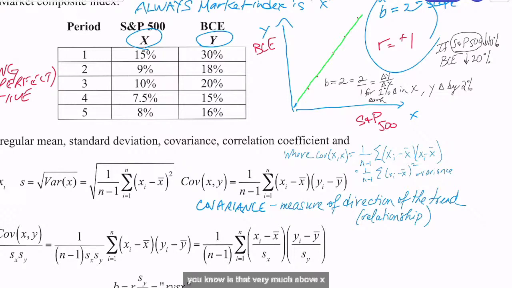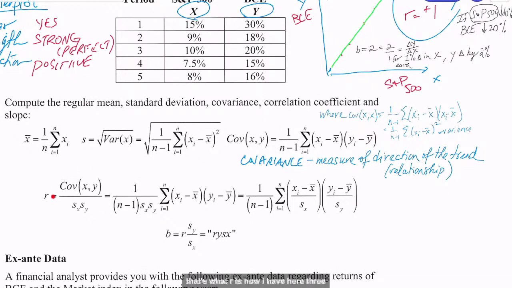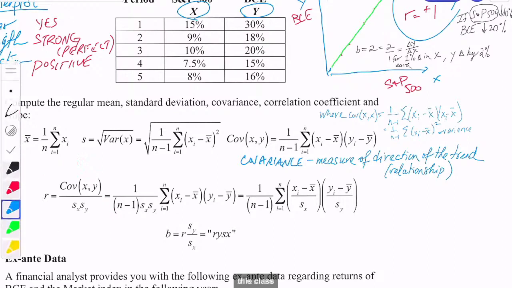Is that very much above the expected value of x, or x bar? Is that much below the expected value of y? So to do that, we standardize this value to get R. So R is actually a standardized covariance. I have here 3 formulas, different ways you may have seen R in the past, but this is the one we're going to use mostly in this class.